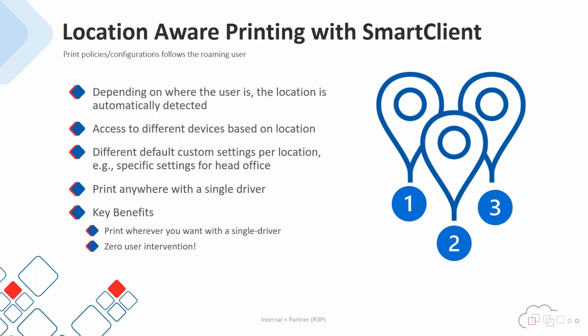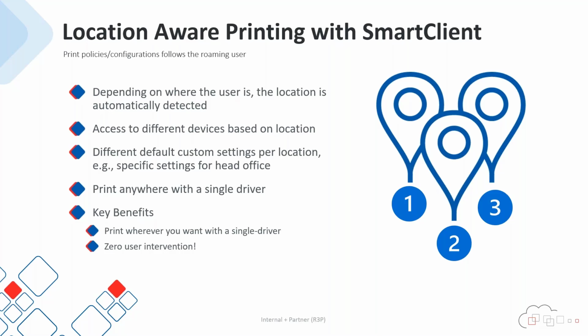Now, this includes settings like paper size, duplex printing, color options, and stapling, ensuring that the user doesn't need to manually input their location or even worry about the settings for that location. There will be a situation where certain locations may have a different print policy. So by connecting to that location, those policies will be downloaded to the SmartClient without any user intervention.